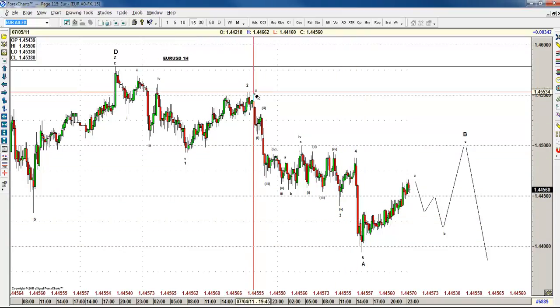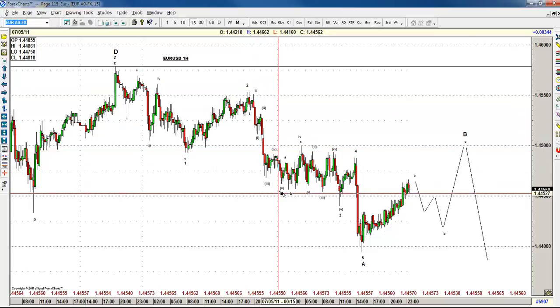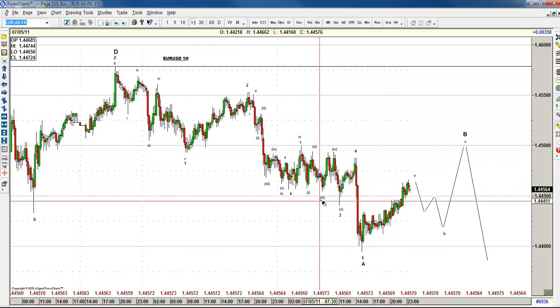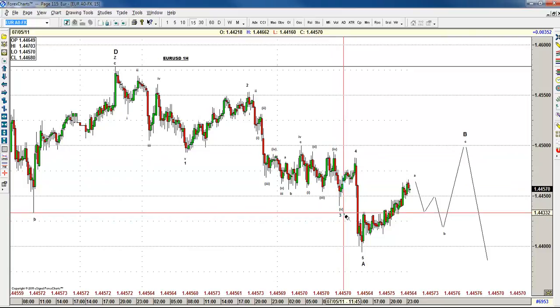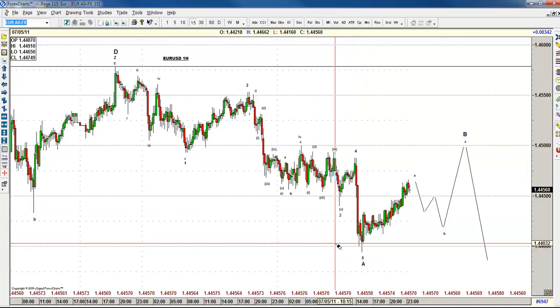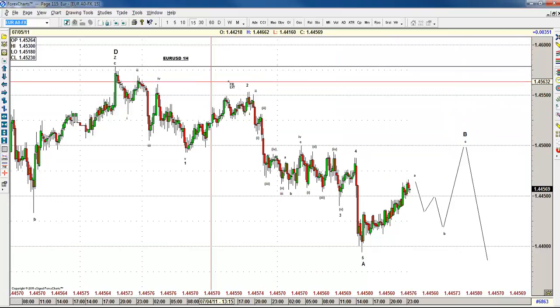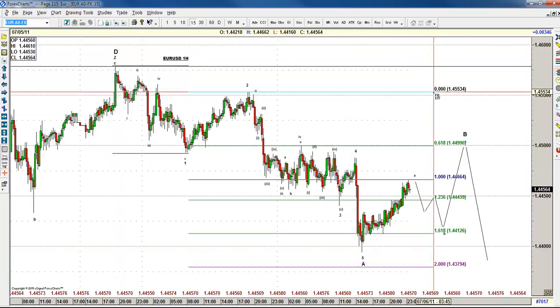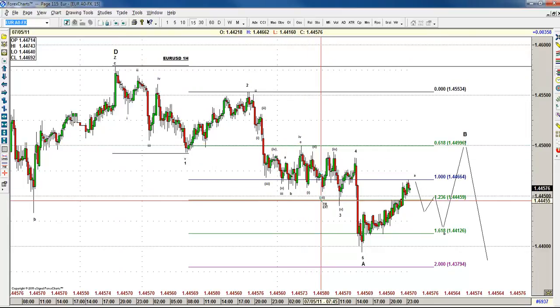This is like 1, 2, 1, 2, 3, 4, 5, a flat 4, a leading diagonal 1, 2, 3, 4, 5, 3 and 5 right here, an ending diagonal, and then a 4 and a 5. What I like, it was pretty good Fibonacci-wise. What I don't like is that wave 3 does not reach at least the 618. All it reaches is the 1.236.